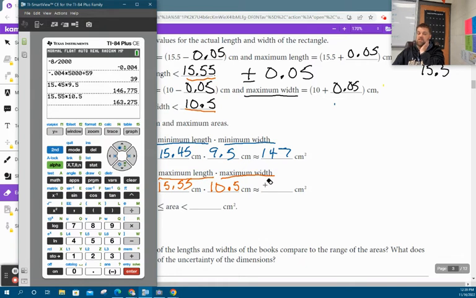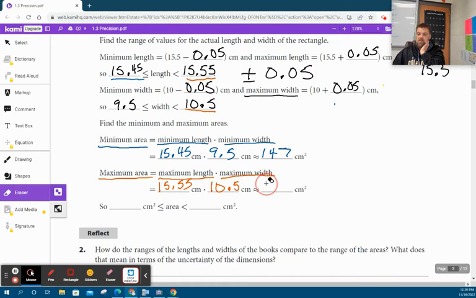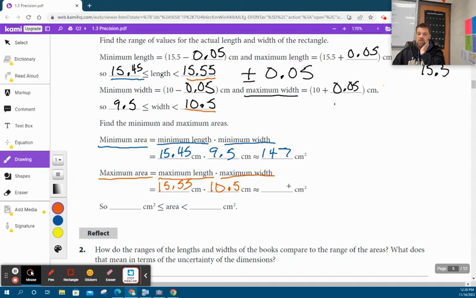So what do I put here, kids? 163 centimeters. So our minimum area could be as small as 147 centimeters. Our maximum area could be as large as 163. Does that make sense?